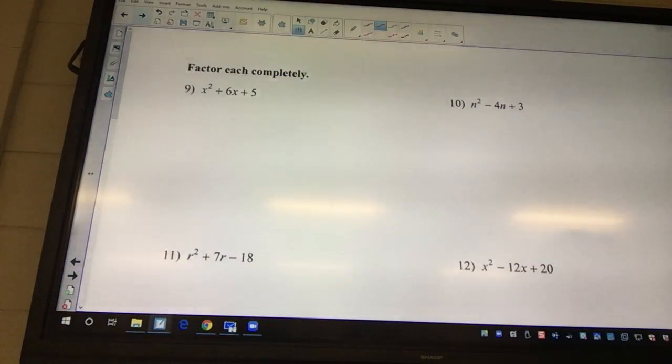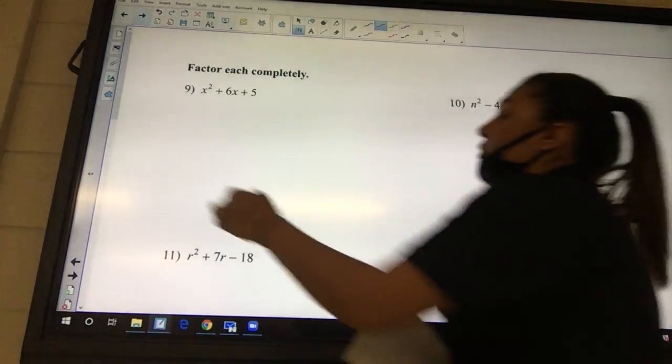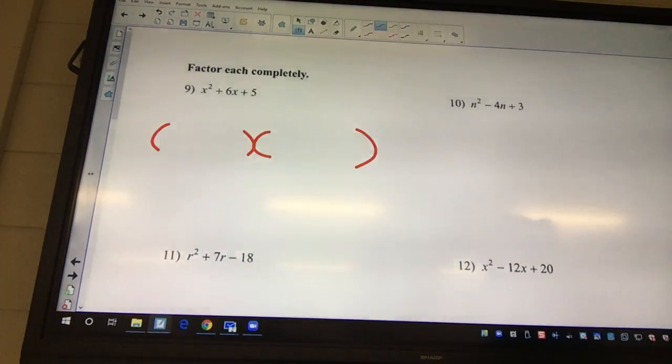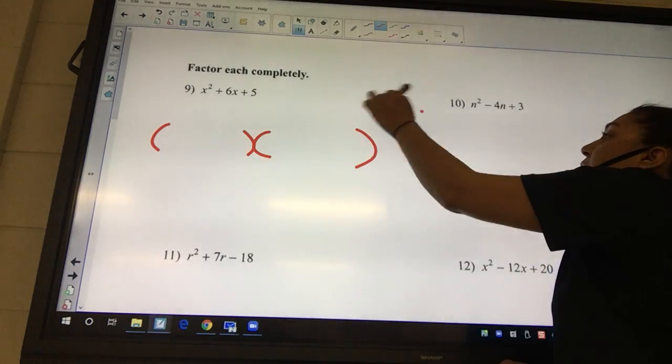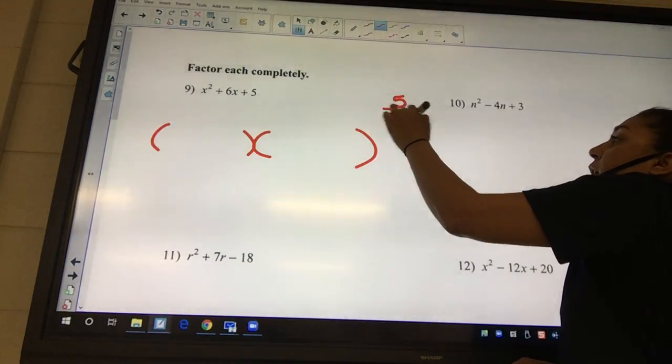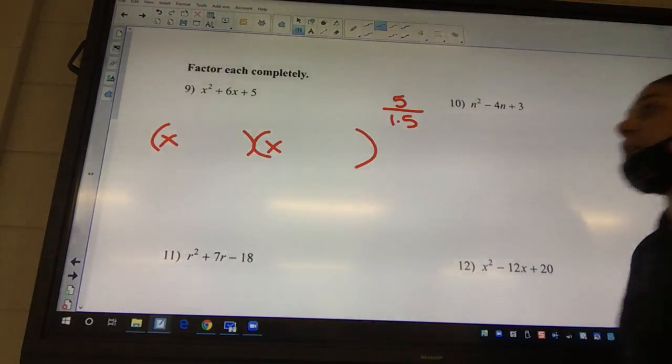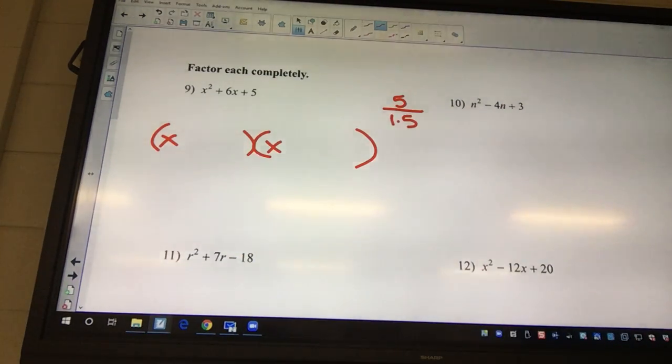Okay, these ones are factoring when A equals 1, and we'll get into more how you can tell tomorrow. So these are the ones where you just draw 2 parentheses, and we find some factors of what number? 5. What are factors of 5? 1 and 5. Okay, we can fill in the x's, so x and x, and we need something to add or subtract to give me what? 6.